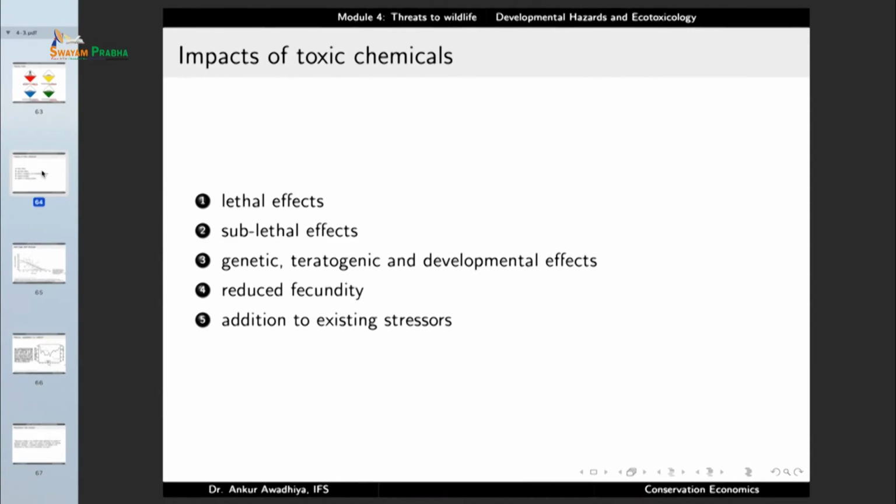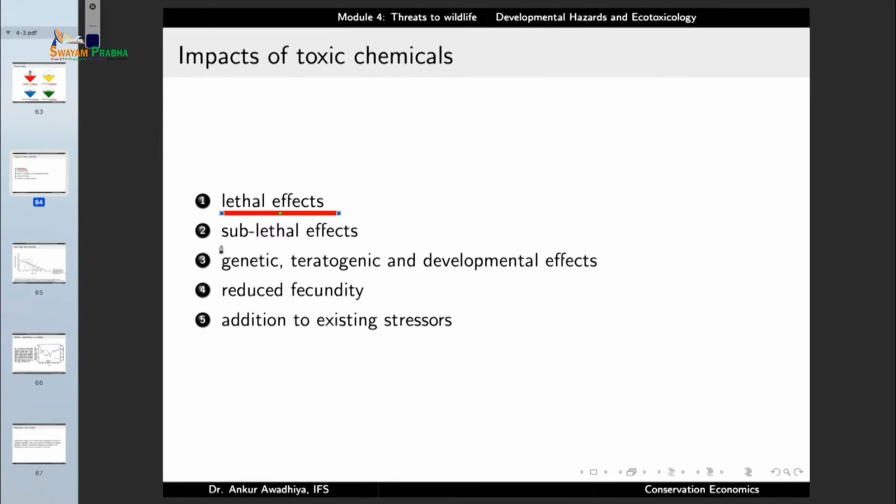Now, what are the impacts of these chemicals? In very high doses, these chemicals will have lethal effects, which means that they will kill certain individuals or a large number of individuals in any population or community. So this is known as a lethal effect.